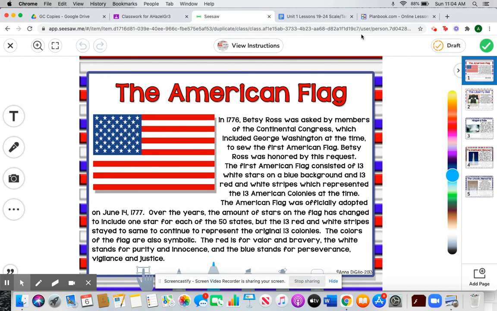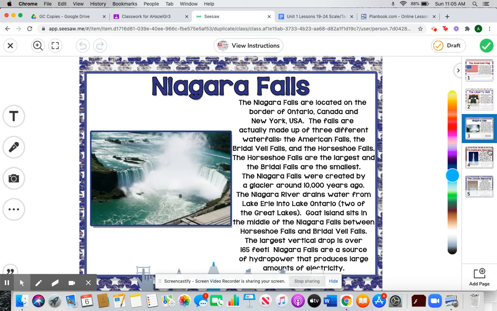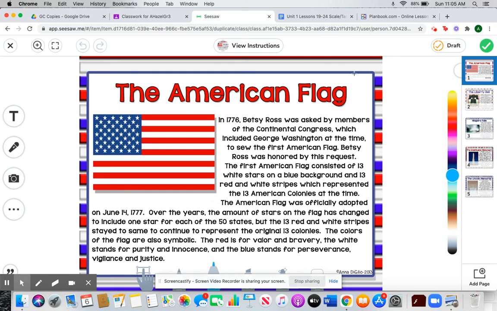Now, it's very important that you pay attention to this on the side here because we have 5 symbols today that we're learning about. First, we have the American flag, and when you're done reading about that, then you'll go to the Liberty Bell and just keep going. All right?